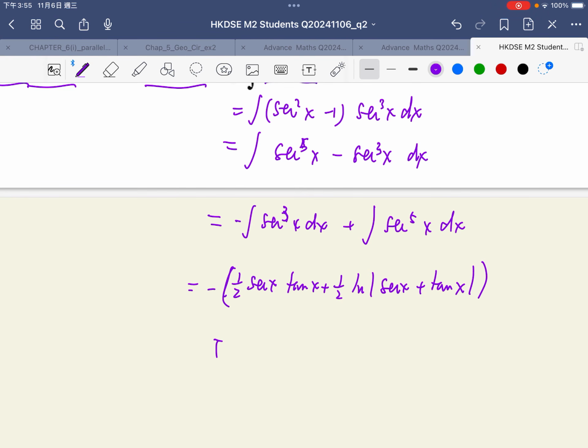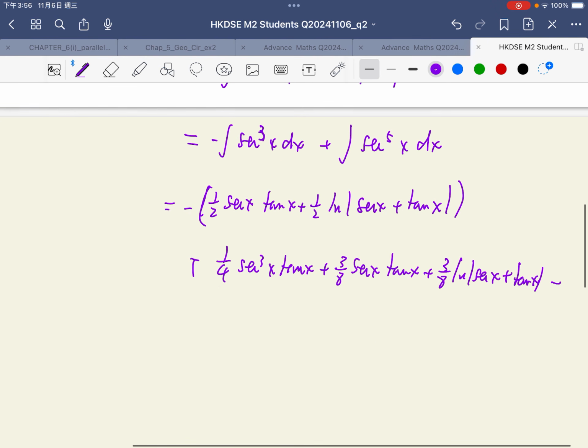For the integration of secant to the power 5, we have 1/4 secant cube x tangent x plus 3/8 secant x tangent x plus 3/8 natural log of secant x plus tangent x, and then plus c.